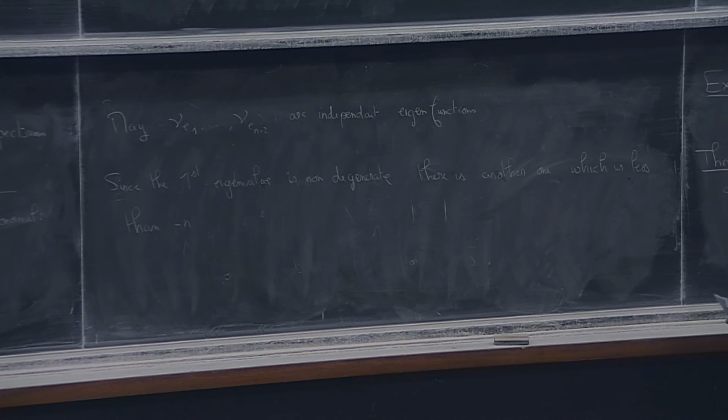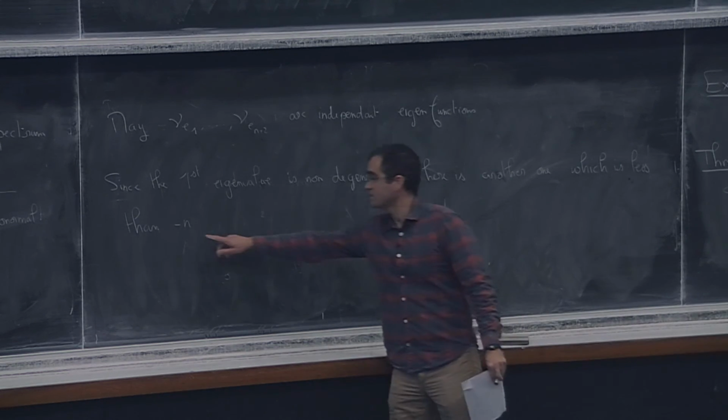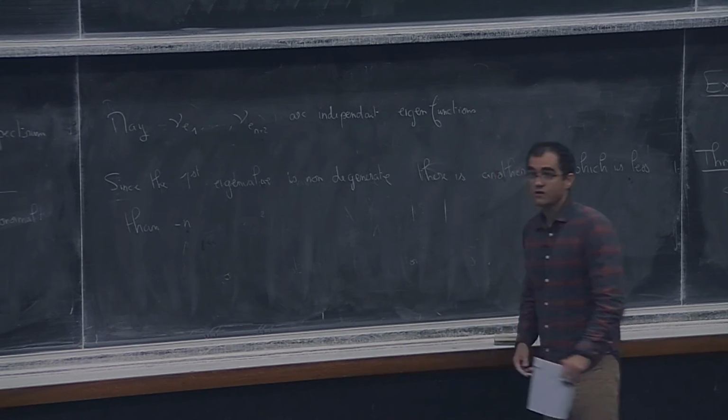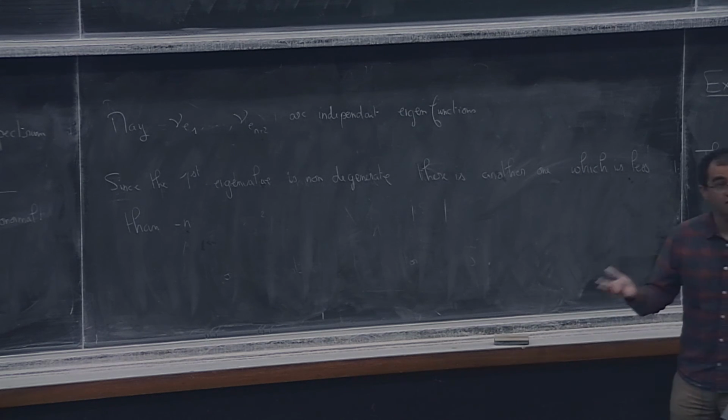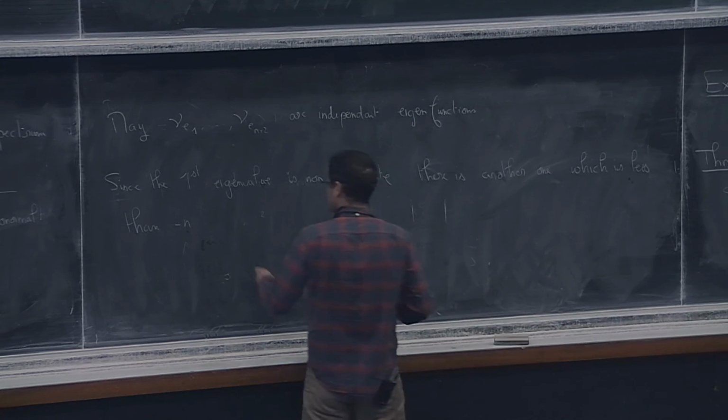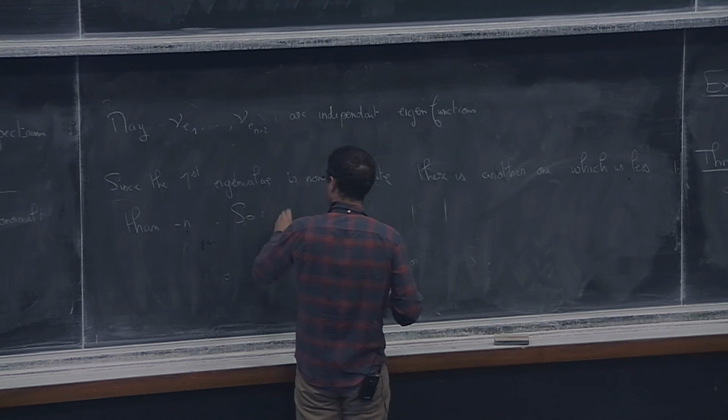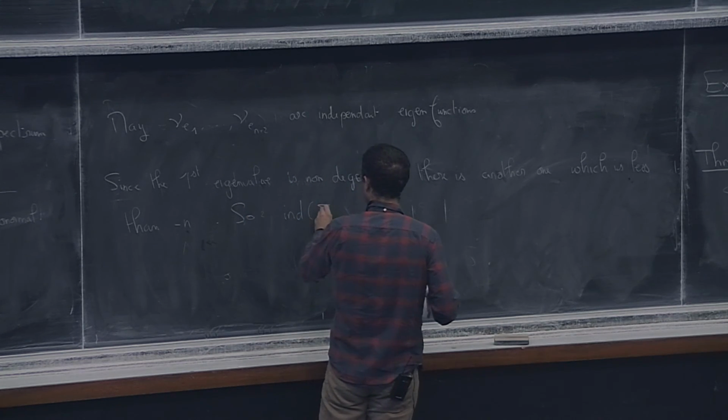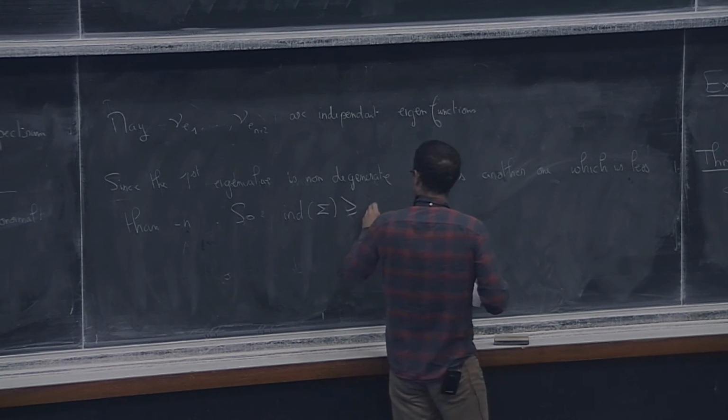So if I compute, I get n plus 2 times minus n plus one another. So I get n plus 3 negative eigenvalues. So in that case, the index of sigma is at least n plus 3.